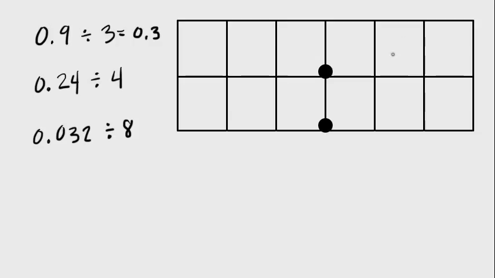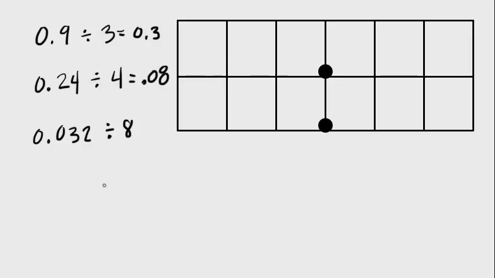Okay, I don't want to draw 24 of them and try and figure out. But what we could do is, when we identify the units, we can think of it just like whole number division, right? What's 24 divided by 4? 8, right? And in this case, since the decimal's in the hundredths, we're going to have 8 in the hundredths as well.